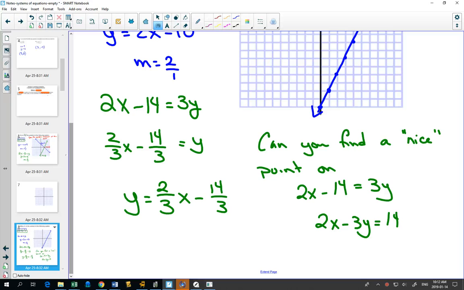So I want you to do some mental math, plug in values for x and plug in values for y to get a nice point for 2x minus 3y equals 14.